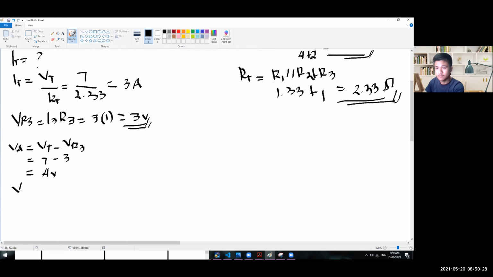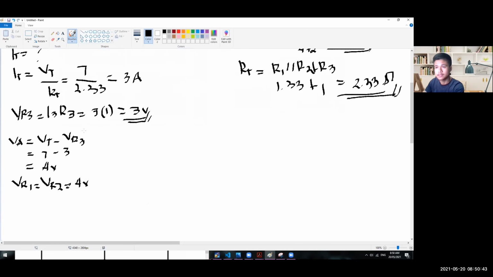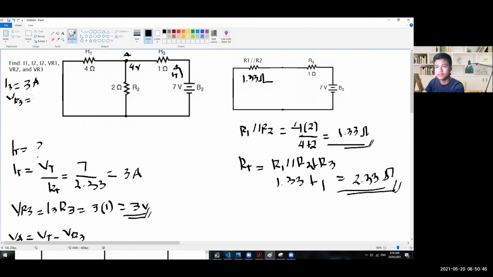So we could say that VR1 is equal to VR2, which is equal to 4 volts. From here we already have the VR3, which is 3 volts, and we also now have VR1 and VR2, which is equal to 4 volts.